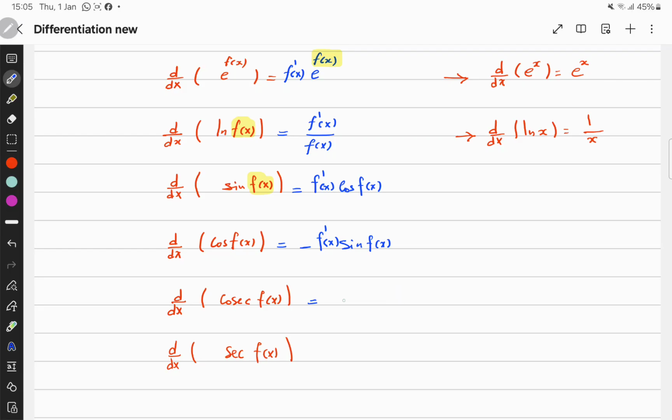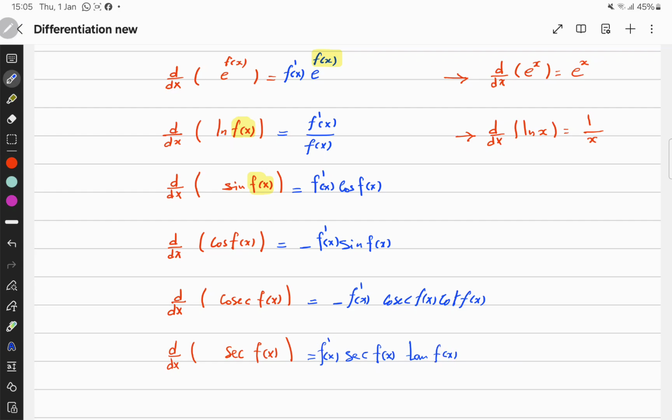The derivative of cosec first is negative cosec f of x times cotan f of x, all of that times the derivative of inside. The derivative of sec will be sec f of x times tan f of x times the derivative of inside.